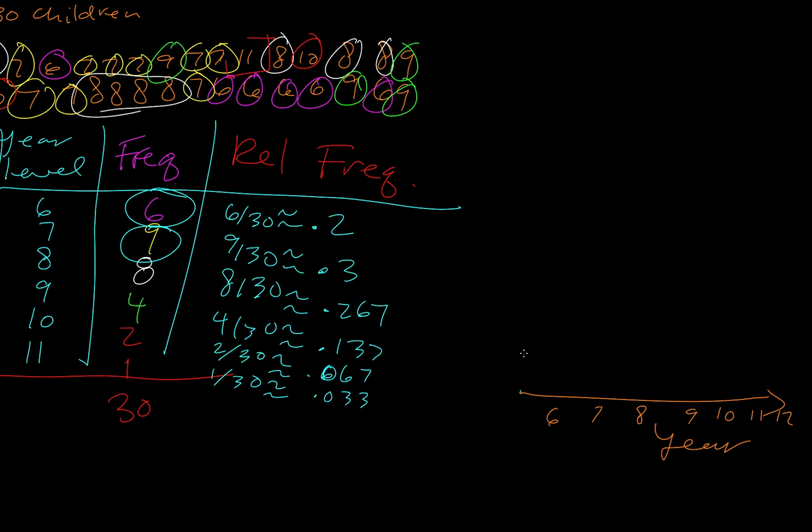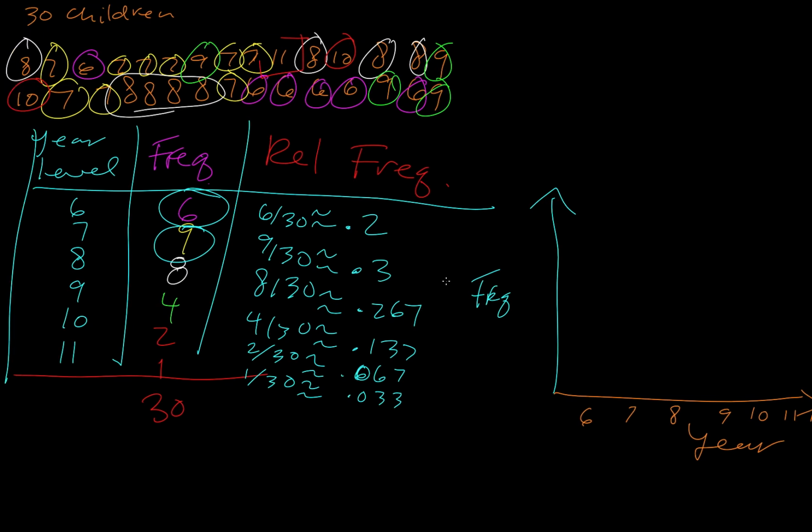And then this one's just going to be frequency. So all we really need to do is graph these columns. Our highest frequency is 9, so really we only need to go up to 9. And I'm just going to drop by 2s. And 0.